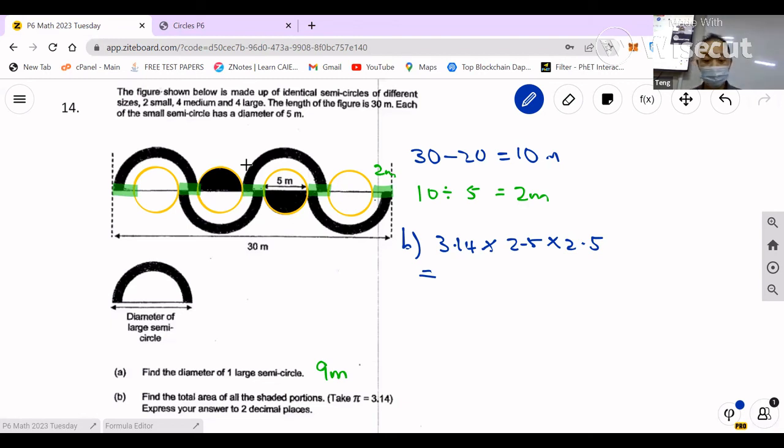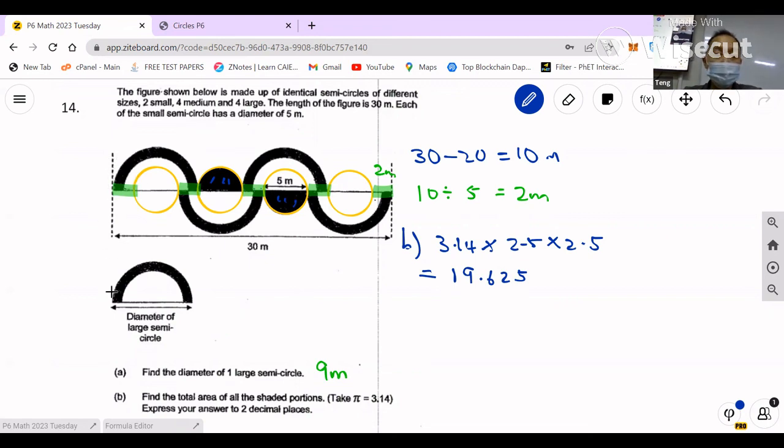3.14 times 2.5 times 2.5. They're all in decimals. We get 19.625. So this will be the circle, this one. Next I want to find the strip, this and this and this and this. As I mentioned, just take the big circle minus the small circle.